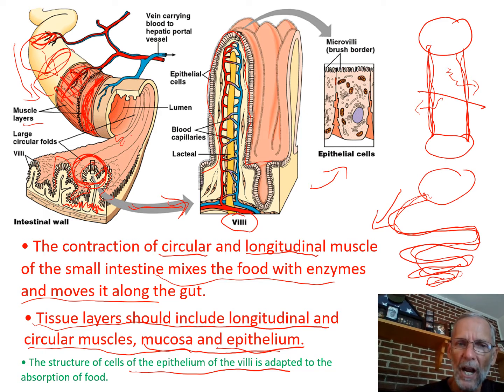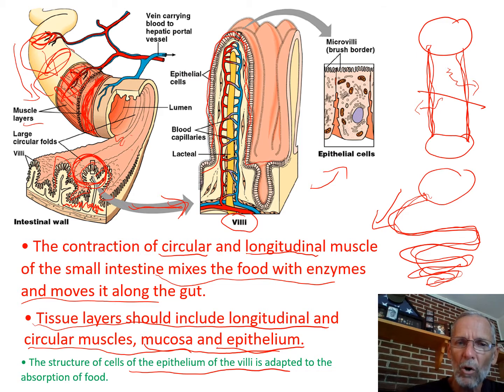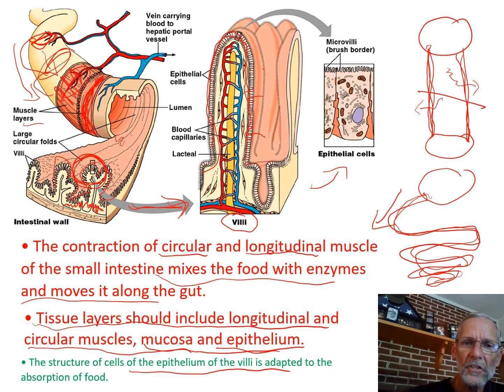So you can see that this villus, that would be singular, villi plural, this villus is well constructed to do what it does: absorb stuff, with more surface area than if this lining didn't project out, finger-like style.